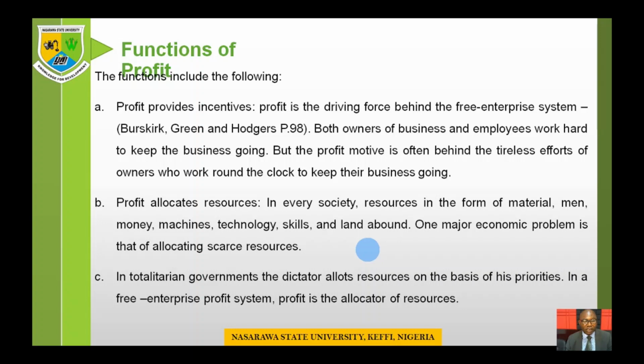In totalitarian governments, the dictator allots resources on the basis of his priorities. In free enterprise profit system, profit is the allocator of resources, meaning that if you make profit, that is when you are going to be able to allocate for various needs of the organization.